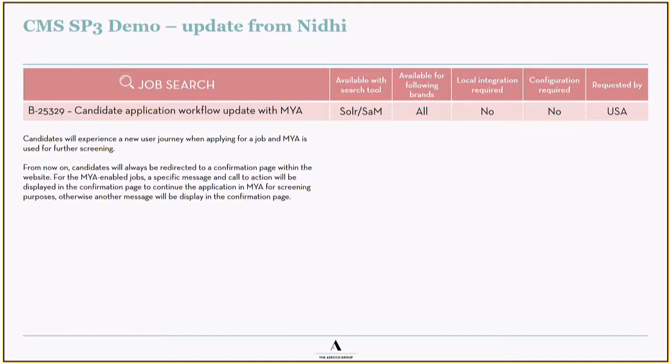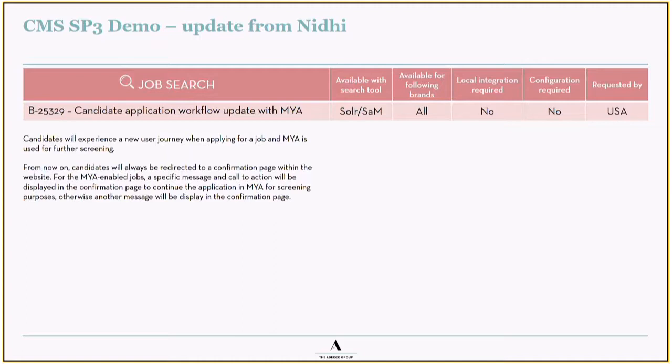This workflow has been slightly changed so that the candidate systematically lands on a confirmation page, which will have two different contents depending on whether or not the job is Maya enabled, as per the specification of the US team.